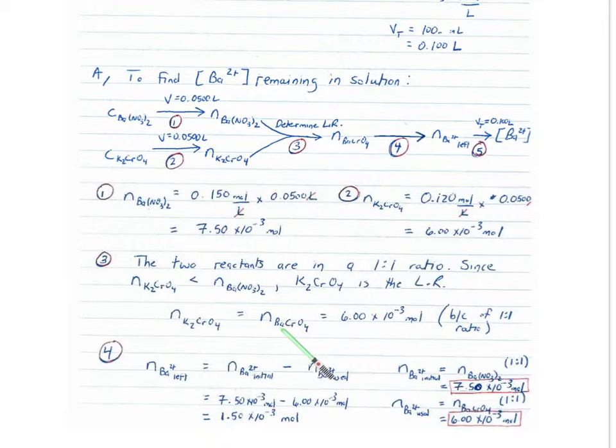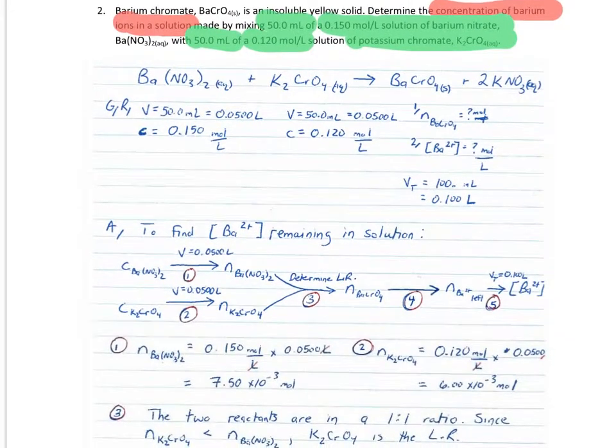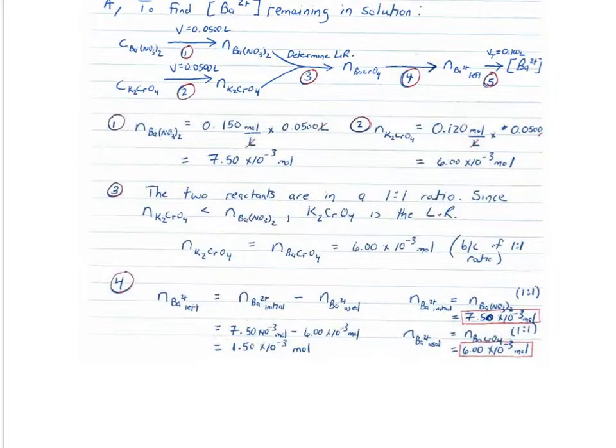And again, it's because those things are in a 1-to-1 ratio that I don't need to use a mole ratio to find the amounts. The potassium chromate right here is in a 1-to-1 ratio with the barium chromate, so the limiting reagent is in a 1-to-1 ratio with the item that we're interested in. Then the number of moles of potassium chromate is quite simply equal to the number of moles of the barium chromate, which is this value here.